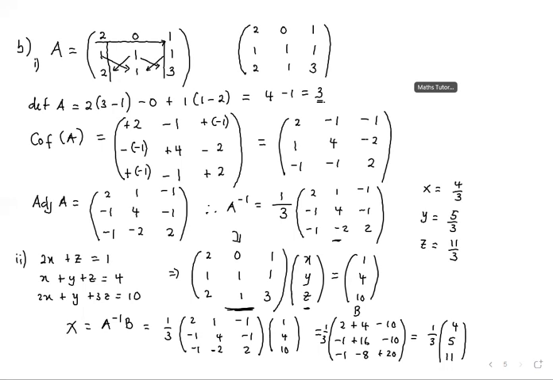Sir, you know? Yes, sir. So when arranging for X, is it wrong to put it in the row, since you put it in the column?